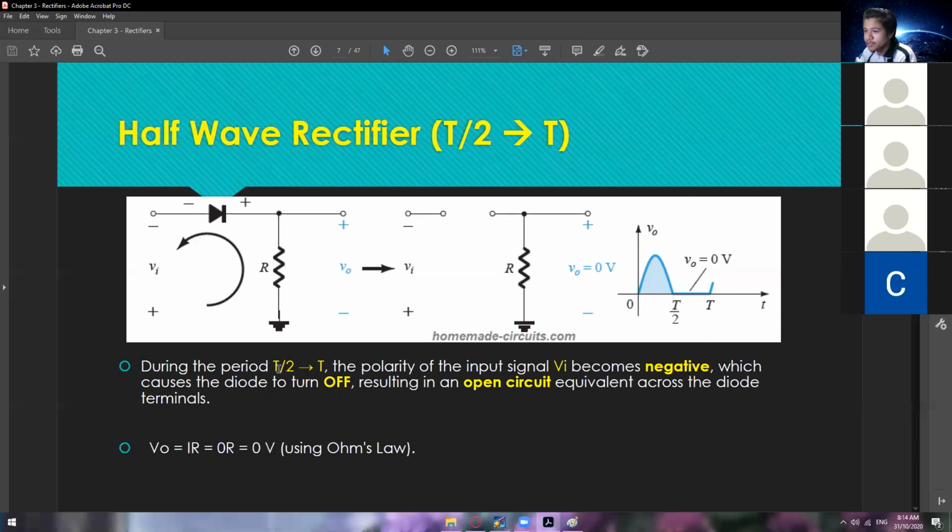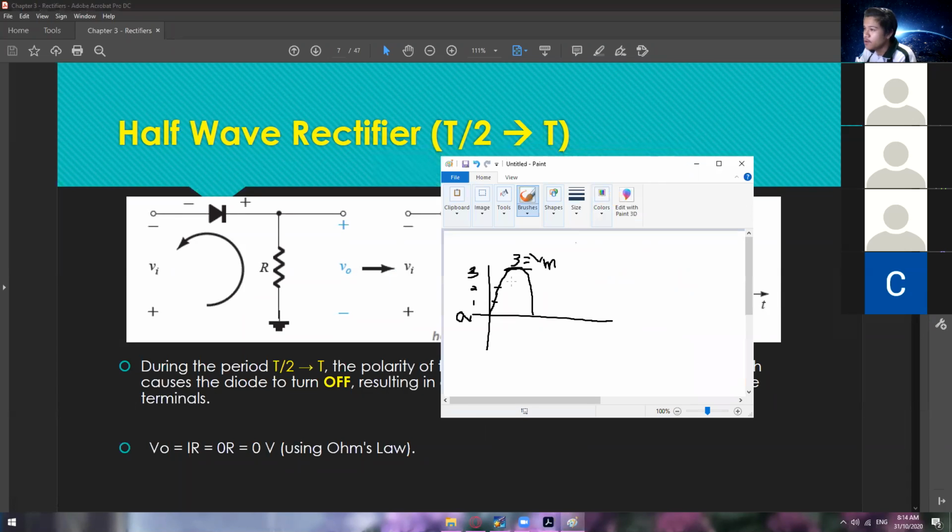So during the period T/2 to T, the polarity of the input signal becomes negative, which causes the diode to turn off, resulting in an open circuit equivalent across the diode terminals. So before, we only had a positive voltage. So of course, it will go down, and it will give us now a negative voltage.